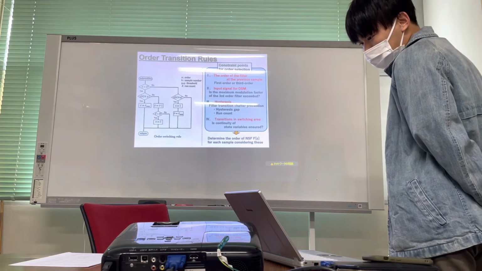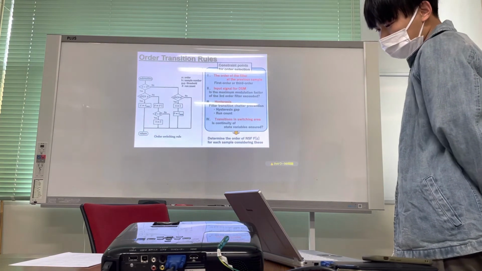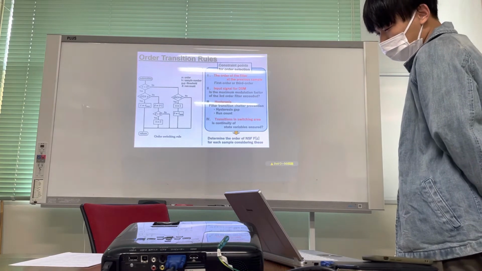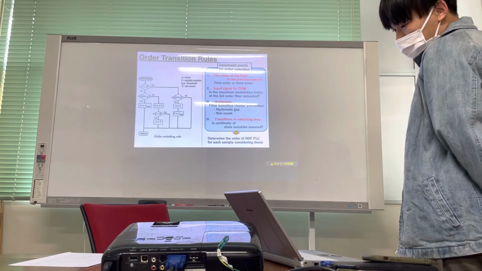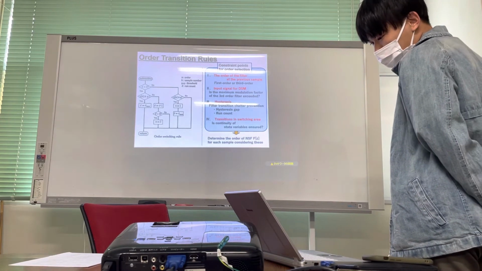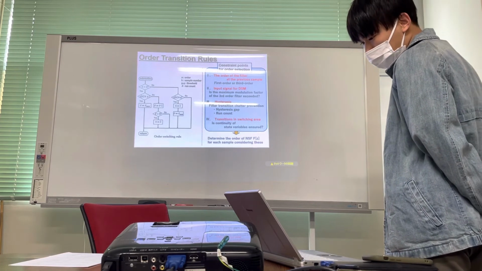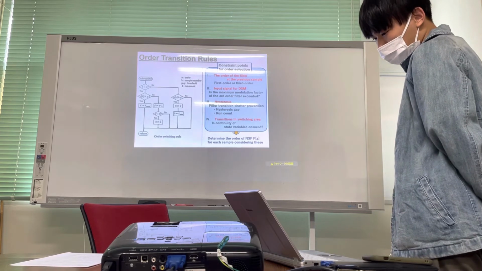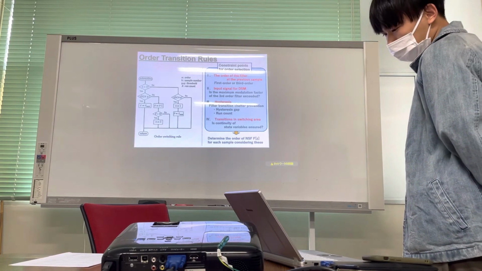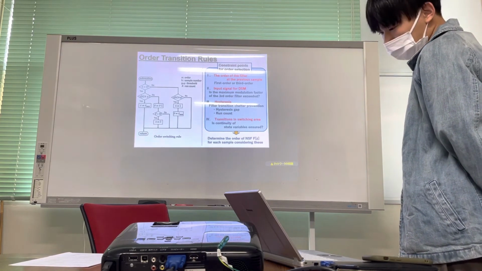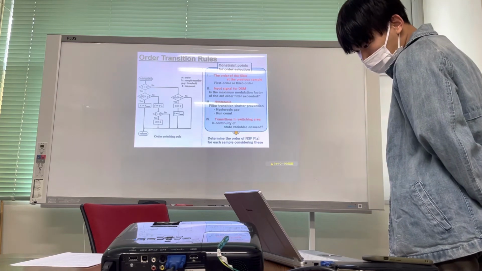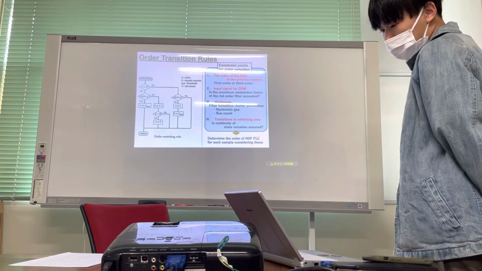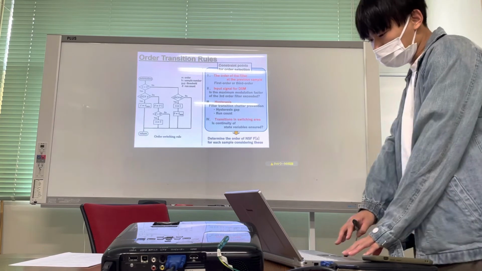Next, I will explain the order selection rule for the noise shaping filter. In selecting the order, there are 4 constraint points. The first is the order of the filter used in the previous sample. The second is whether the input signal exceeds the modulation rate.